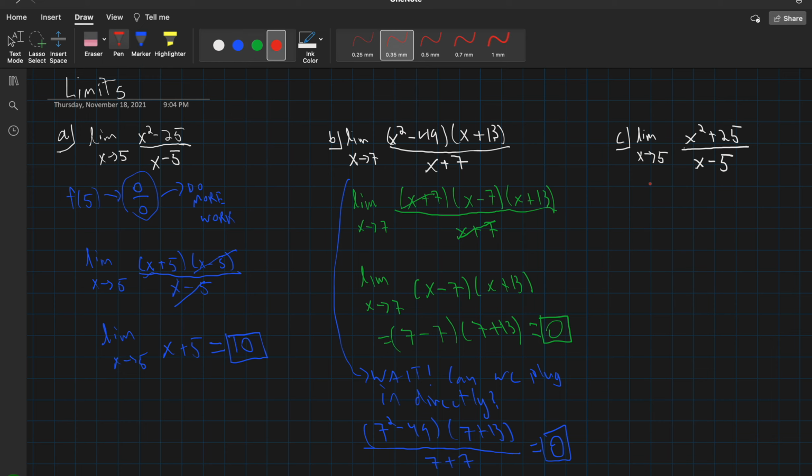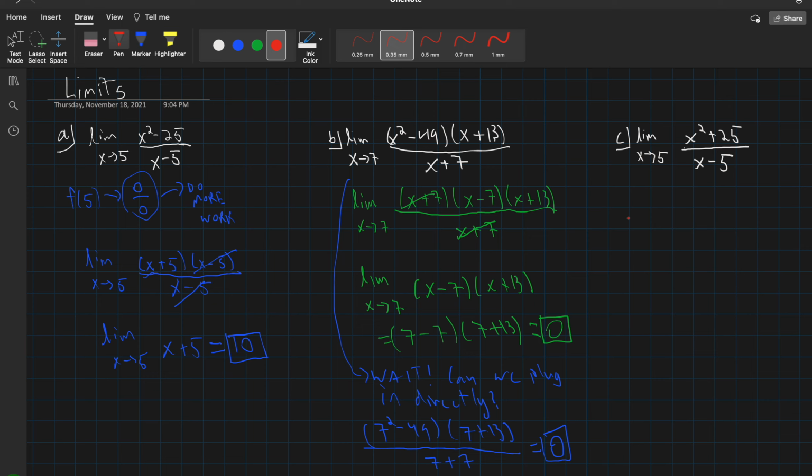So here, limit as x approaches 5, x squared plus 25 over x minus 5. So let's try and plug in directly. So 5 squared plus 25 all over 5 minus 5. So we end up with a 0 in the denominator, so we should probably do more work.